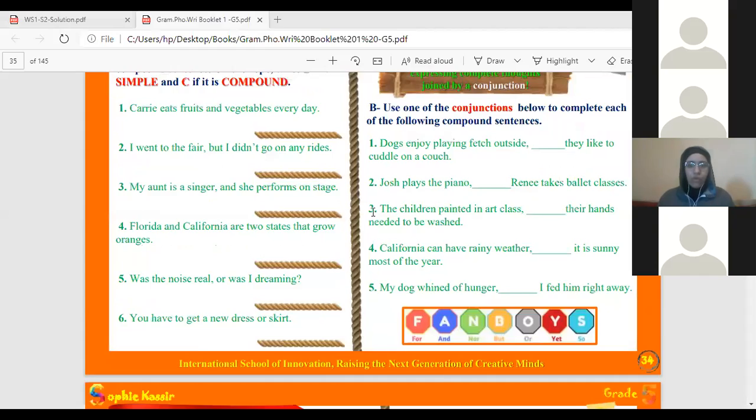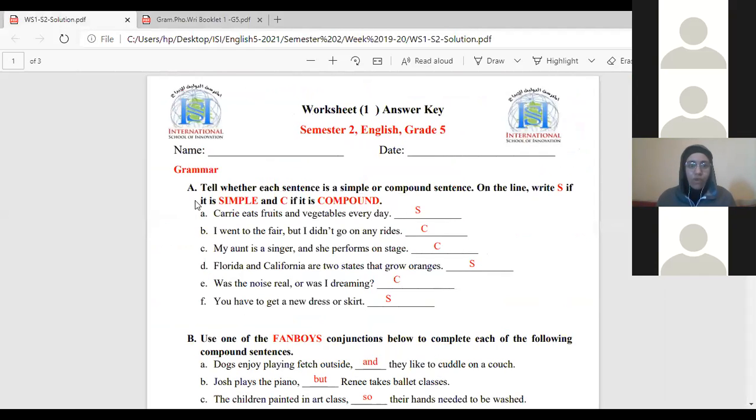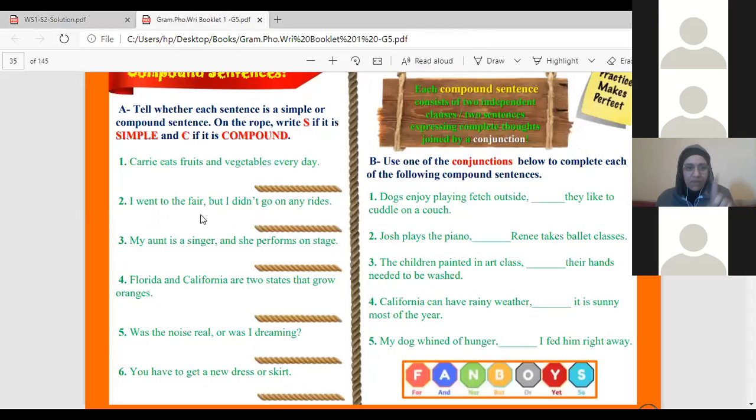What I want from you today is just to try your best to solve exercise A. Exercise A in the worksheet is the same as exercise A on page 34. If you have the booklet, try to solve just exercise A. If you don't have the booklet, the worksheet is uploaded on the application. Download it and do exercise A.